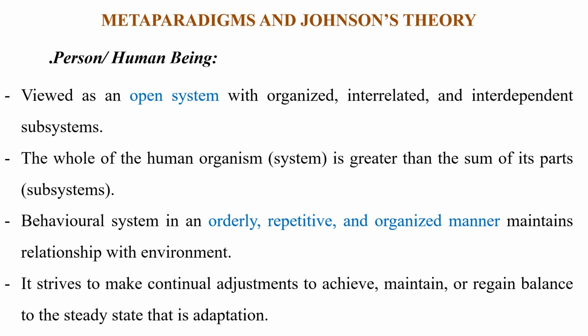The behavioral system, in an orderly, repetitive and organized manner, maintains a relationship with the environment. It strives to make continual adjustments to achieve, maintain or regain balance to the steady state, which is known as adaptation. So this is what the human being is.